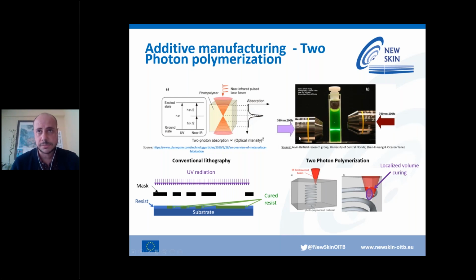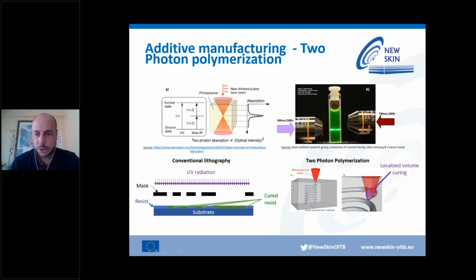This is a very well-known principle which has been used in conventional lithography, where you put a mask, irradiate your resist sample with ultraviolet radiation, and produce a pattern by choosing the design of the mask that you want to use. By changing the mask, you will produce a different pattern. So by using different masks, you can produce different 3D objects or different kinds of patterns.